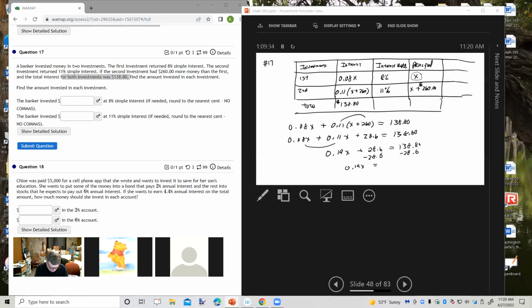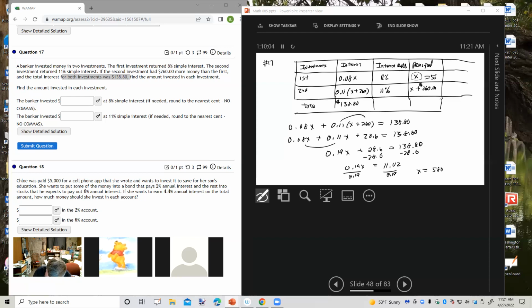And let's see, 138.80 minus 28.6 is 110.2. We'll divide that by 0.19 and we get 580. So find the amounts invested in each.